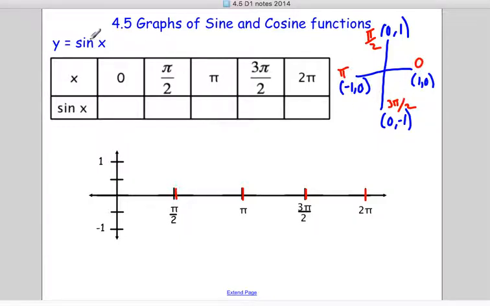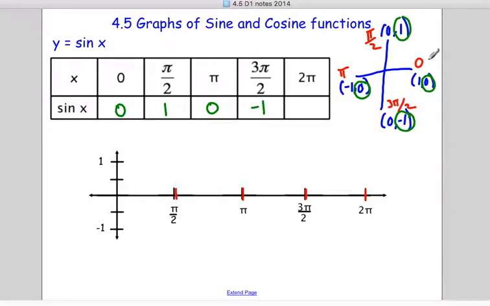Okay, now again, when we're graphing sine, we're only going to focus on the y value. So at 0 radians, the value of sine is 0. At pi over 2 radians, the value of sine is 1. At pi radians, the value of sine is 0 again. At 3 pi over 2, the value of sine is negative 1.